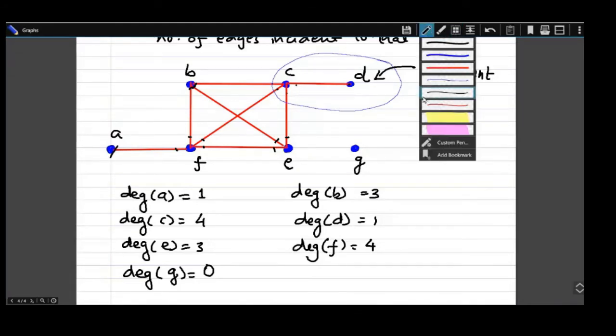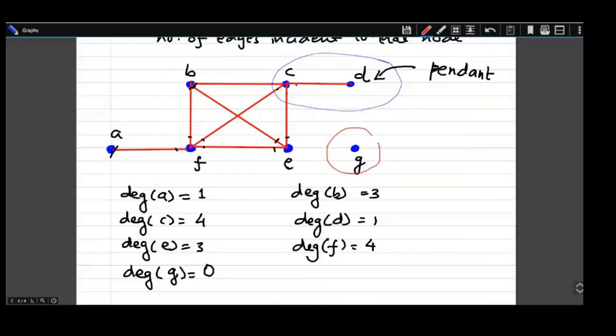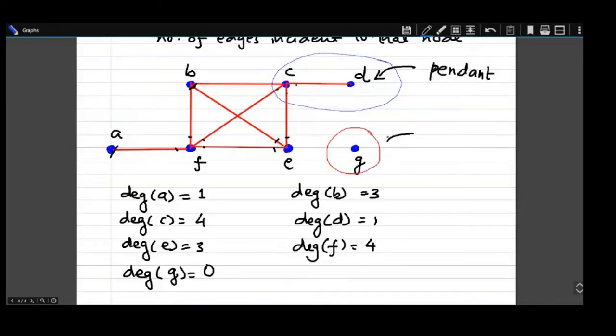And like that you can see this particular node is having degree 0. So it is called an isolated node. Okay, so a vertex with degree 0 is called isolated, and a vertex with degree 1 is called pendant. Good, doing good.